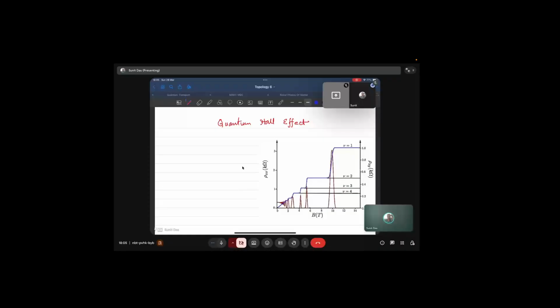What we have shown is that once you apply a sufficiently high magnetic field, then the continuous spectrum of graphene, or for that matter any material, two-dimensional electron gas is another example, develops discrete energy levels, which we call Landau levels, right?